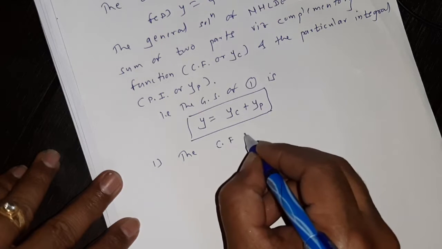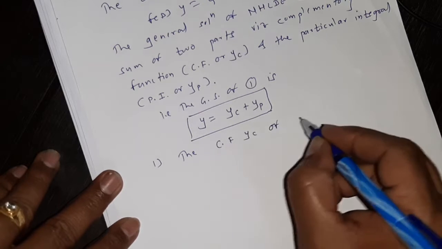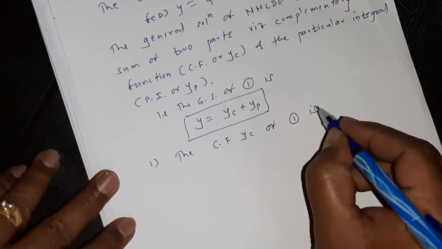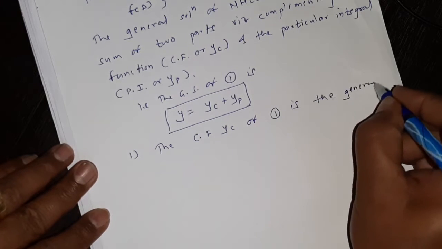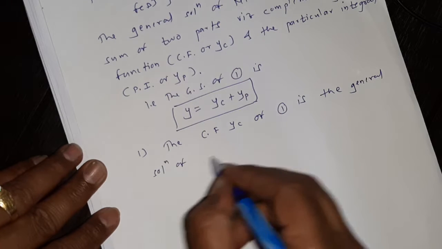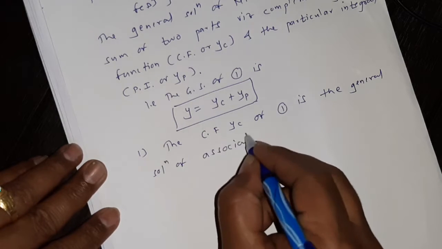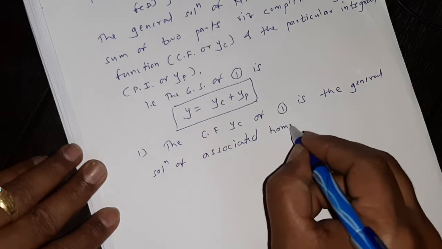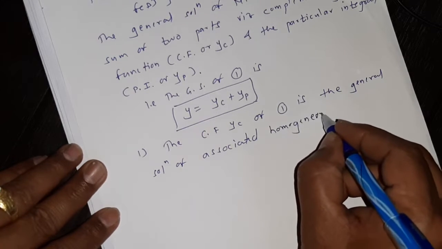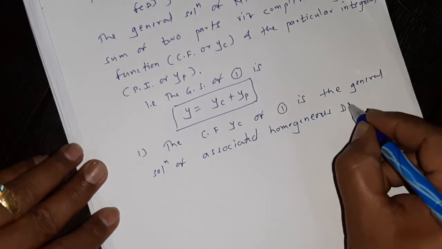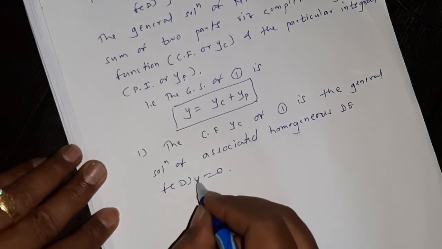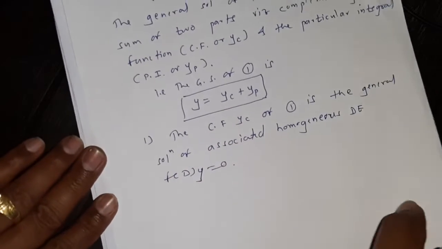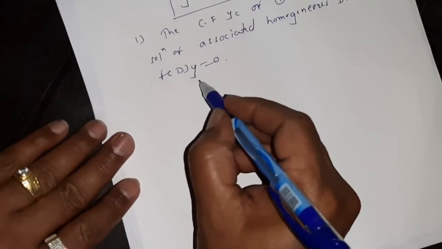The complementary function yc of equation 1, the given non-homogeneous differential equation, is the general solution of the associated homogeneous differential equation f(D)y equals 0.